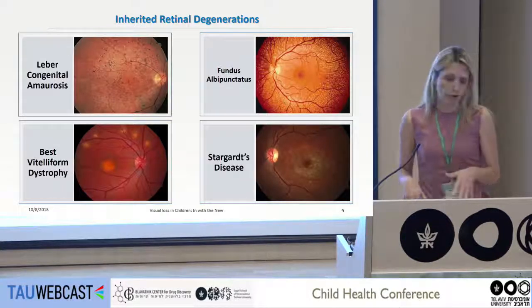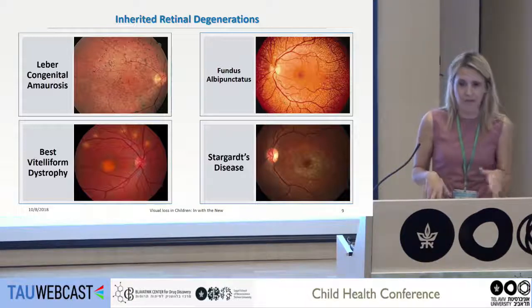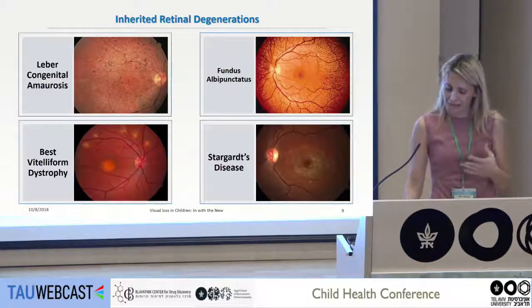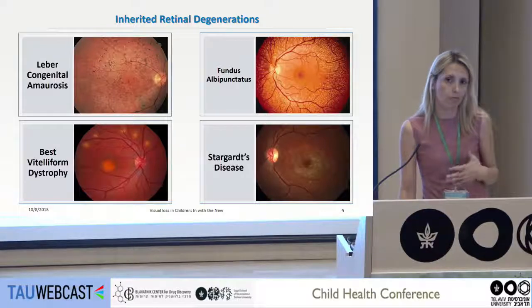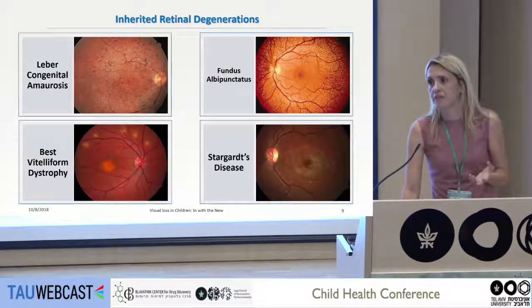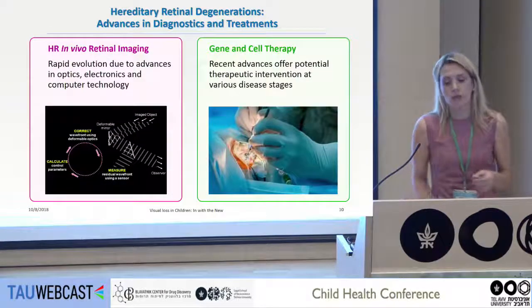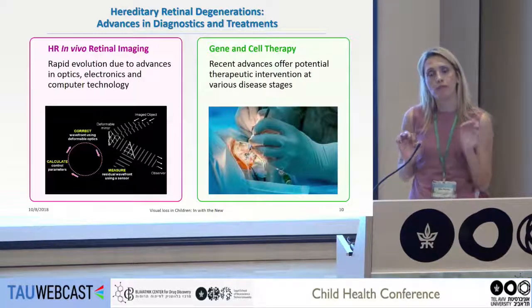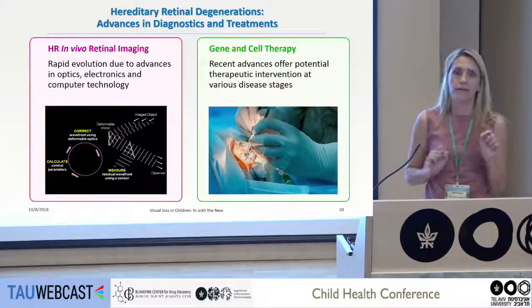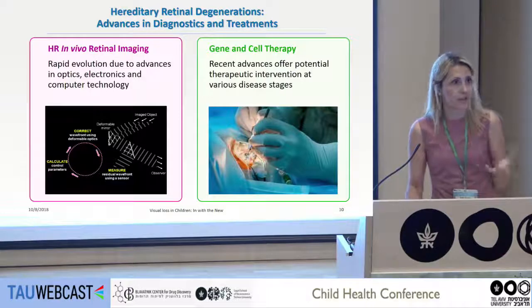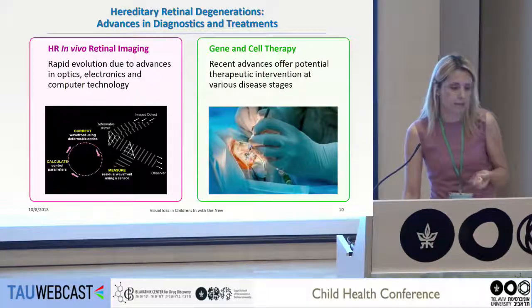Today, however, I chose not to expand on this fascinating subject, but instead to share with you a broader view on the evolving field of retinal degenerations. So I would like to highlight a few of the recent advancements in the clinical and laboratory aspects of the diagnosis and management of retinal degenerations.